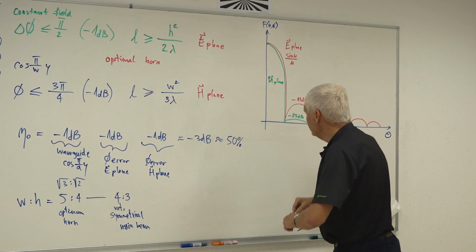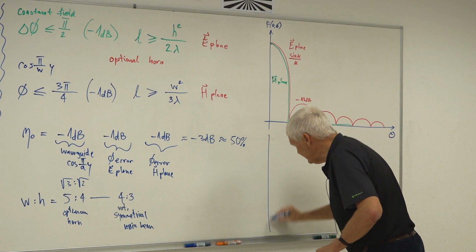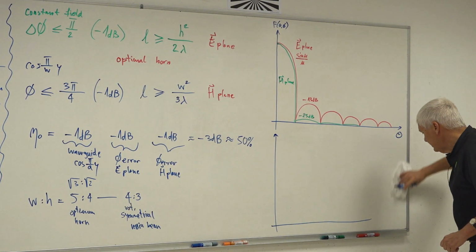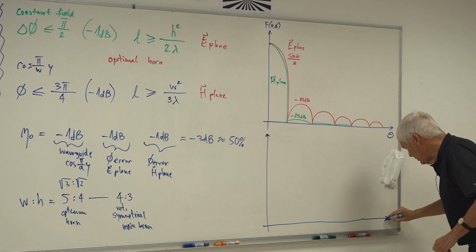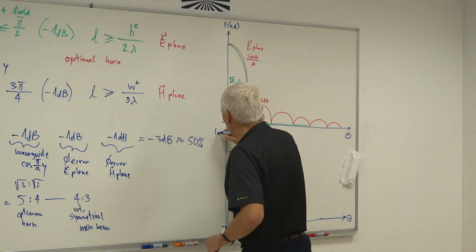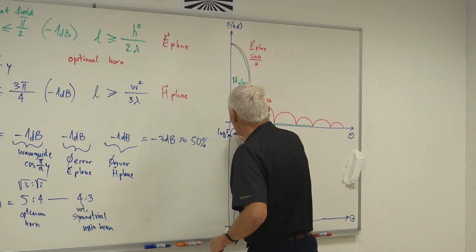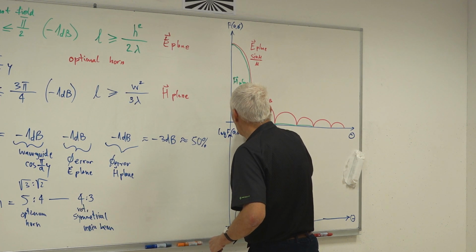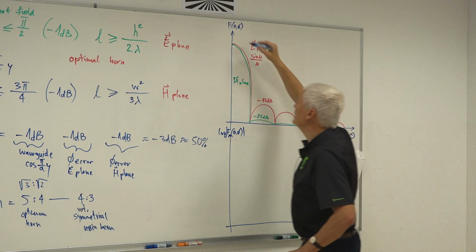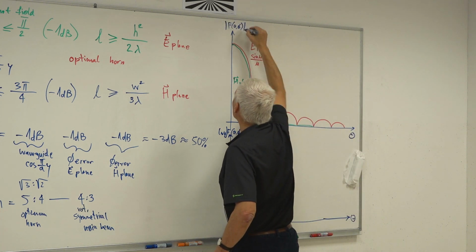And now for the phase error, I will try to draw the same plot, but here theta, off axis, angle, and here I will draw the logarithm of the radiation pattern. Okay, I have to take the absolute value for the radiation pattern. Also here it would make sense to take the absolute value.